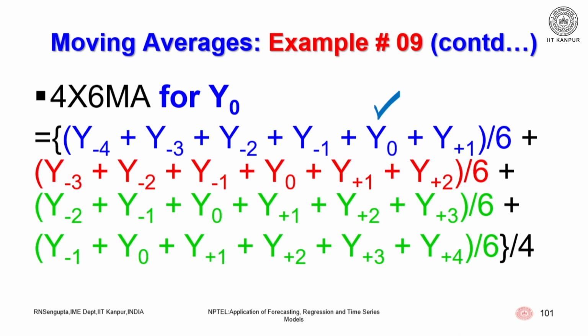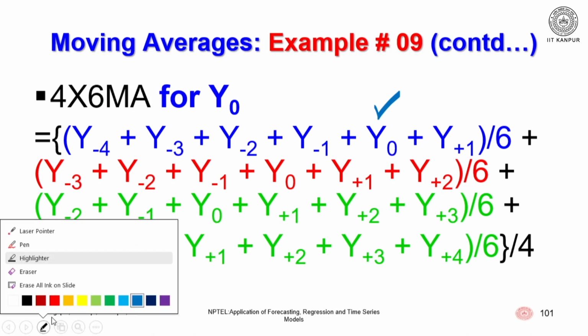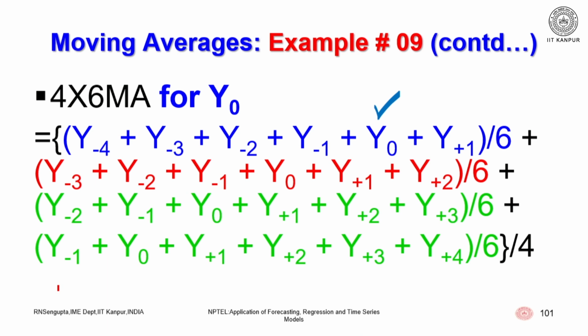Then you shift in such a way that you would now have not 4 values but 3 values onto the left of y naught, which are y minus 3, y minus 2, y minus 1, then y naught, and 2 values onto the right, because we have shifted to the left.